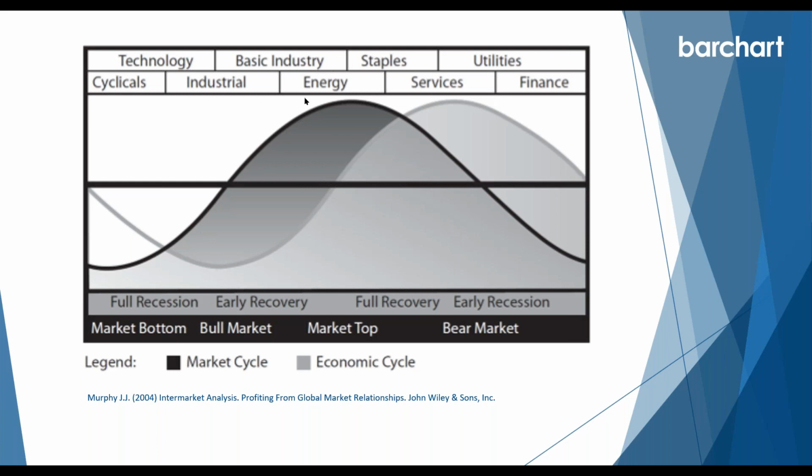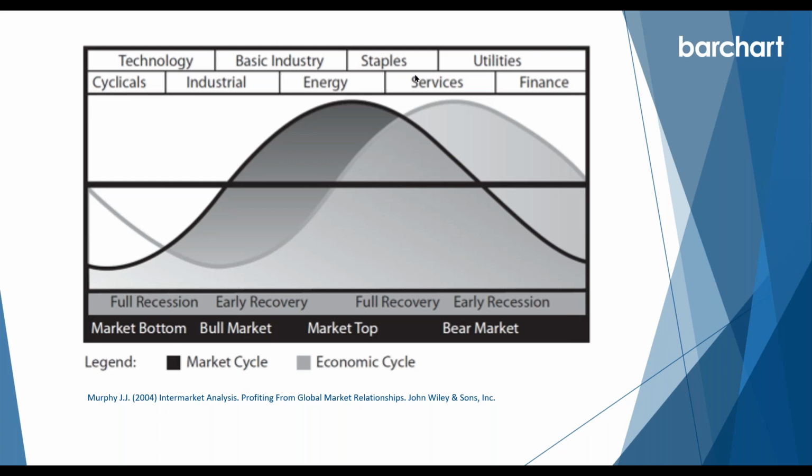So we can see here, let's start with energy. And energy, right, is the outperformer at the market top and as the economy gets to full recovery. But let's move forward too.